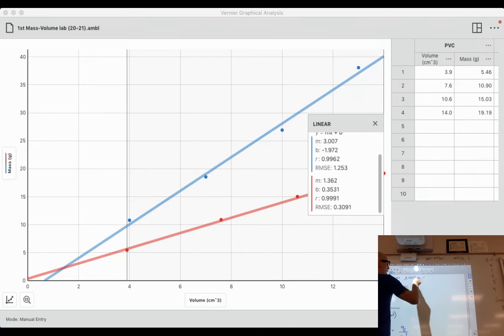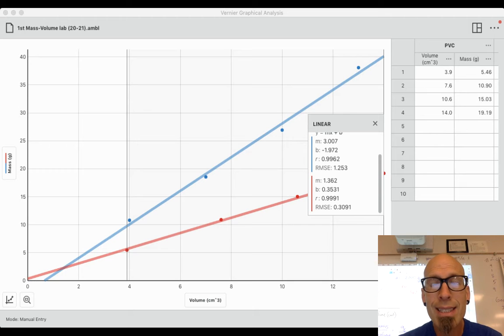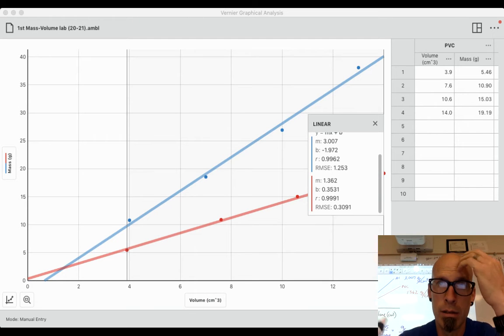Grams / centimeter cubed. Again, we don't necessarily write it as an actual top and bottom fraction. We just slash it like that. And so then the PVC is grams / centimeters cubed. Now, at this point, we need to be able to figure out how to write a sentence that describes what these mean.